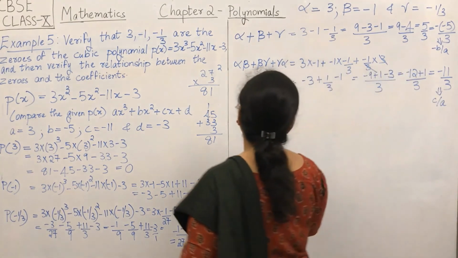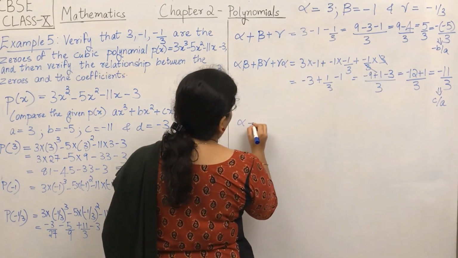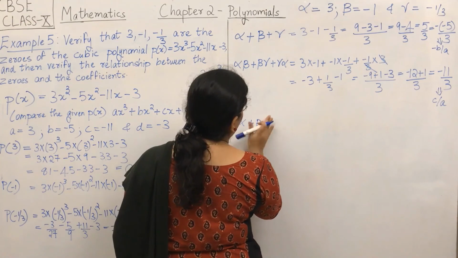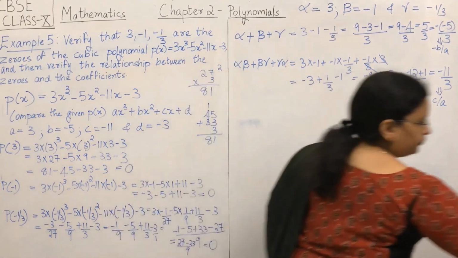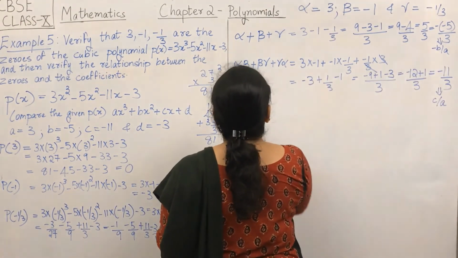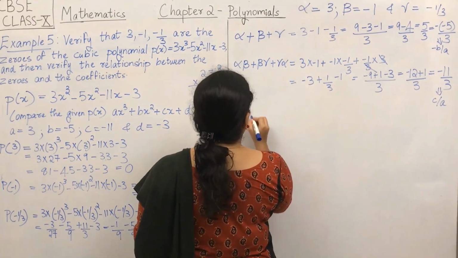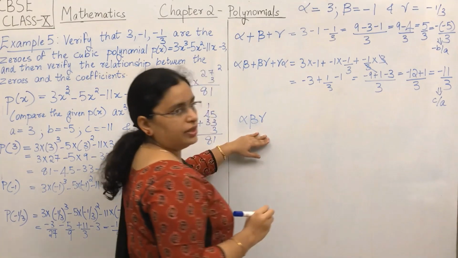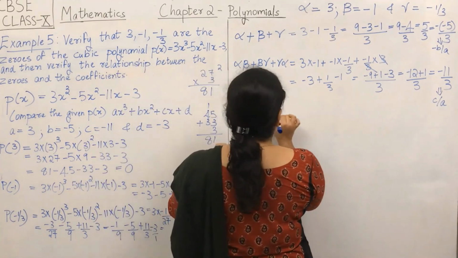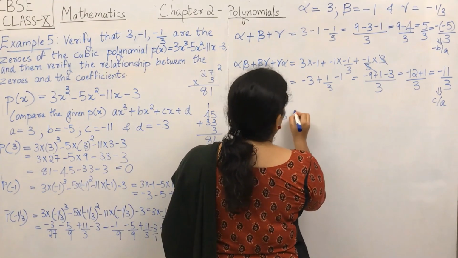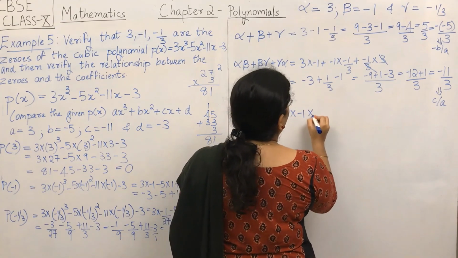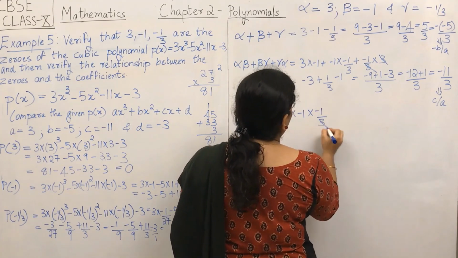Third case, that is alpha beta gamma, the product of the zeros, equal alpha 3 into beta minus 1 into minus 1 by 3.